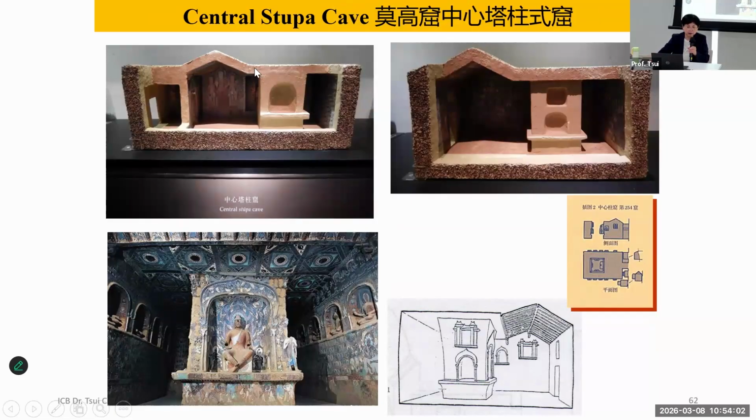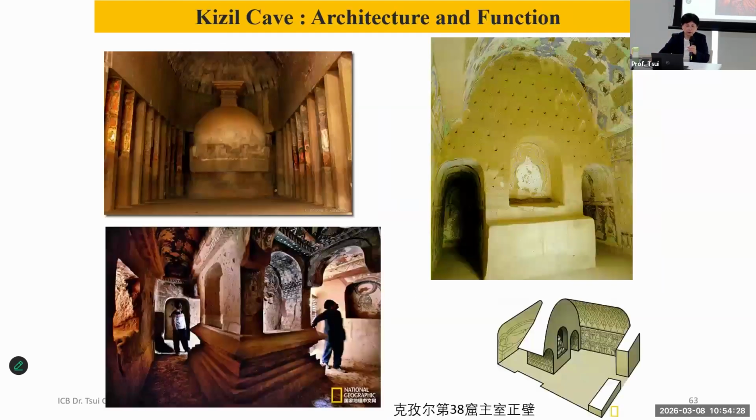So the gable ceiling in front of the central pillar indicates a local Chinese roof design inside the cave. So we have the Chinese cultural element, the Indian element, the Greco-Roman element, and the Persian cultural element inside the Dunhuang Mogao.